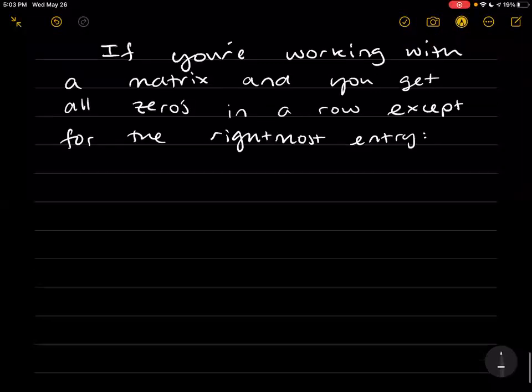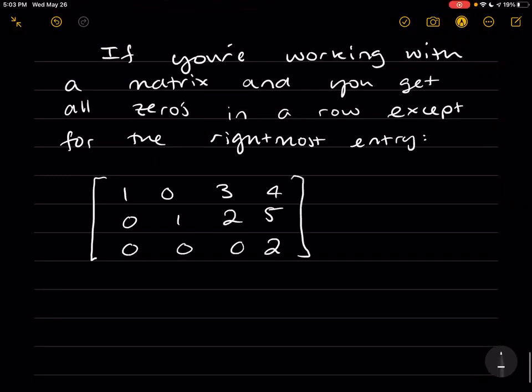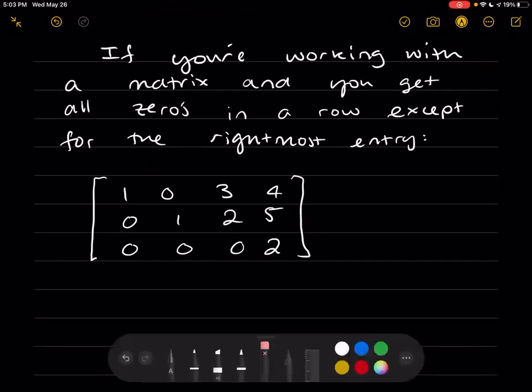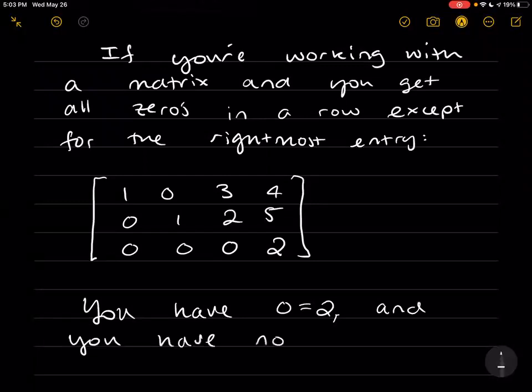So what I mean by that is if you have a matrix that maybe looks like 0, 1, 3, 4, and then maybe a 0, 1, 2, 5, and then maybe you've got 0, 0, 0, 2. Now it's okay if the 2 was somewhere else. So if this happens, this is not what I'm talking about. I mean when it's 0 everywhere except for the very right entry. So when you have a matrix that looks like this, you really have 0 equals 2, and you have no solutions. I wish I could spell.